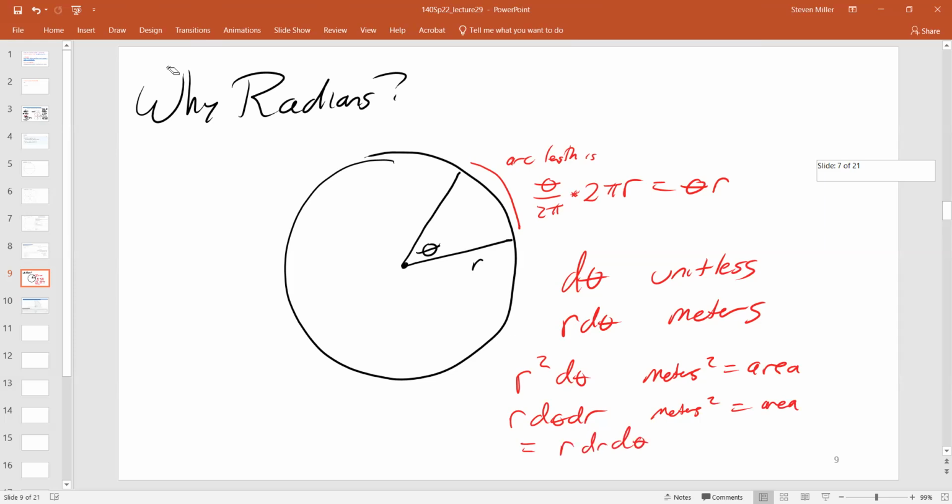I understand why we write it as r dr d theta. We put the r's together, but it's actually confusing to do so. It's much better to write it as r d theta, because it's the r d theta that has length. The d theta by itself does not have meters.